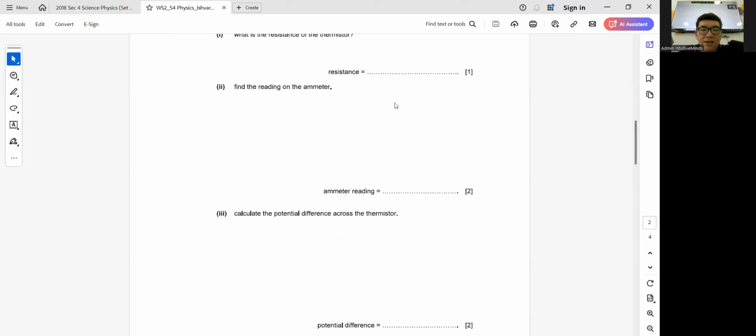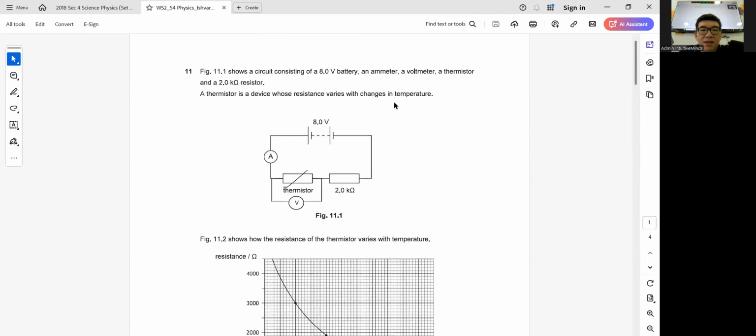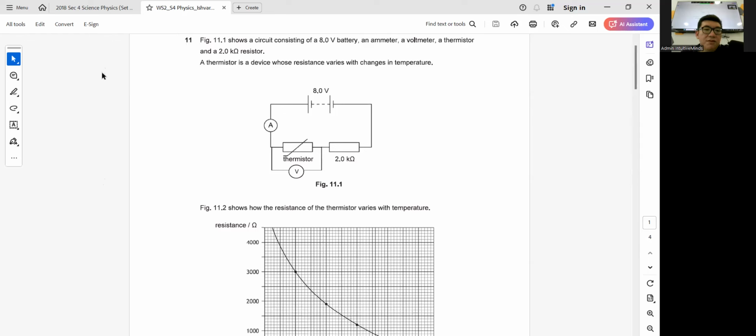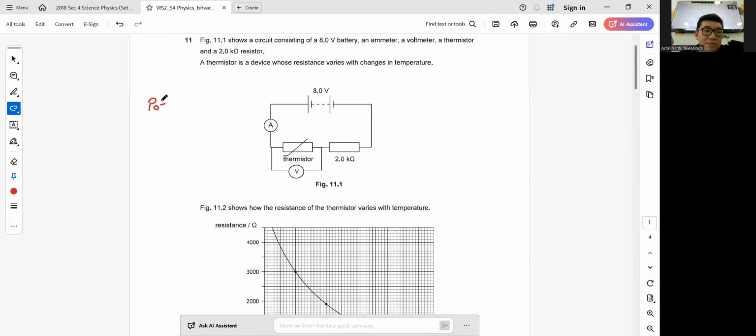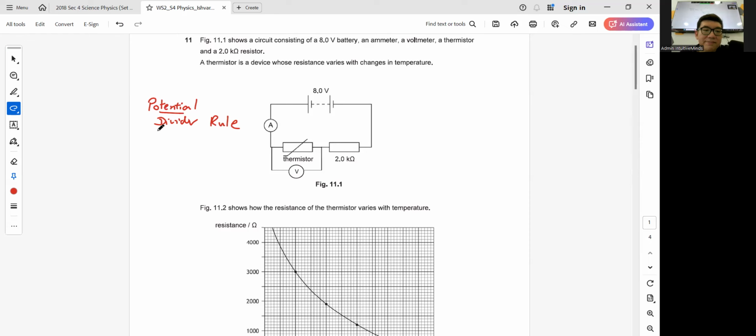For this last question, there is something that you can apply that is called the potential divider rule. You come across this sooner or later, so it's a good time to talk about this now. All right. So the potential divider rule goes like this.